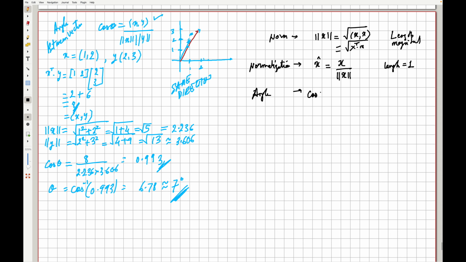The cosine of the angle between any two vectors would be the dot product between them, divided by the norm of each of those, and that helps us find the similarity in the direction of those two vectors.